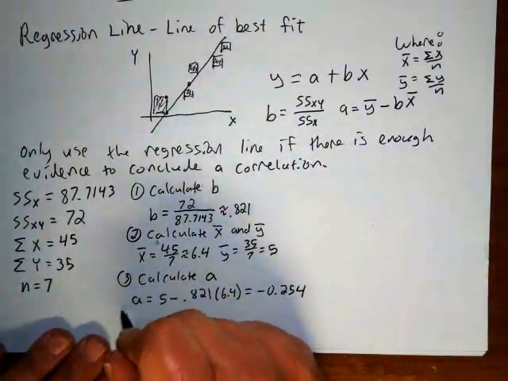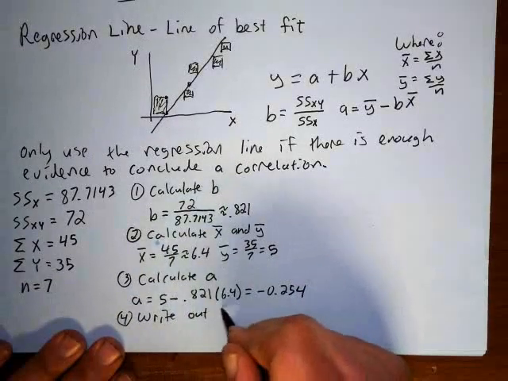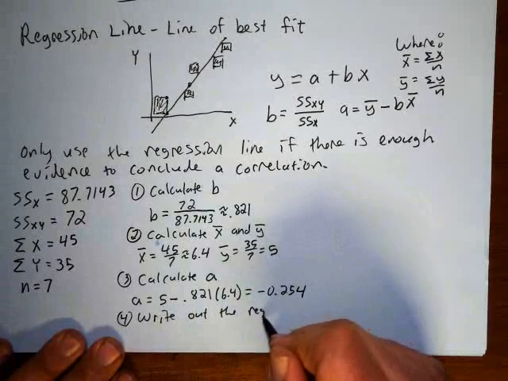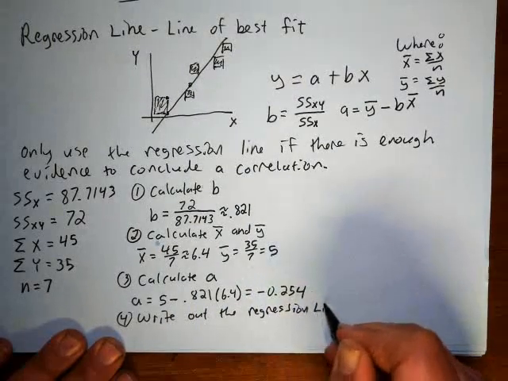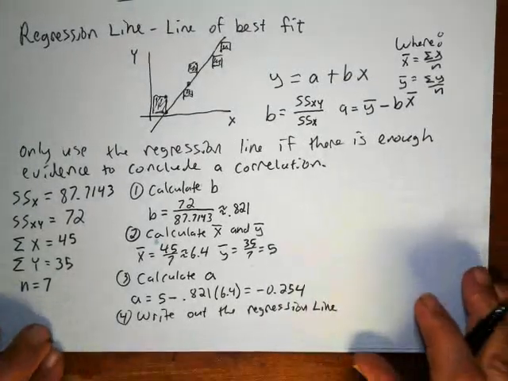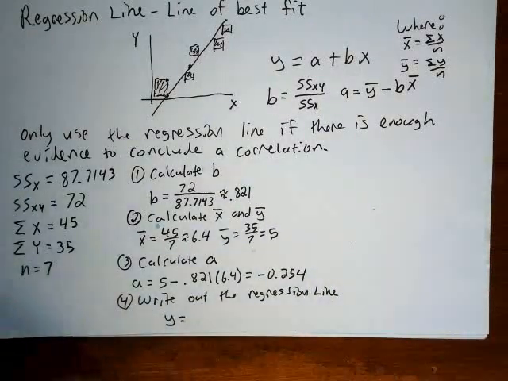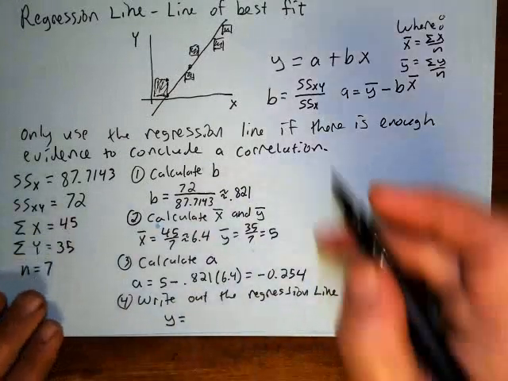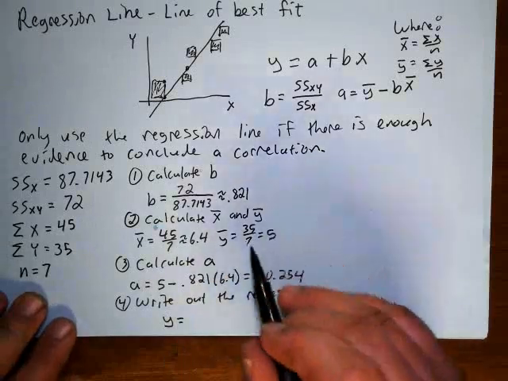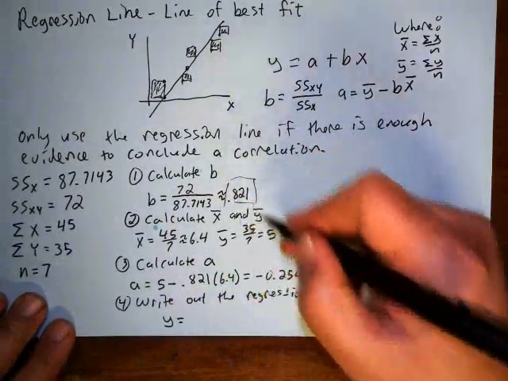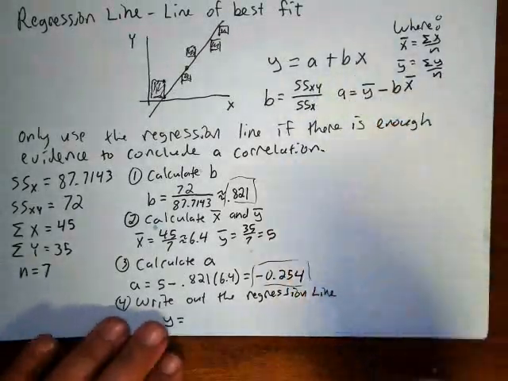So step 4 is to write out the regression line. Remember, what you want is the equation of a line. You want an a plus bx. You don't want numbers necessarily. So you've gotten the B, you've gotten the A, and now you need to put them together to get the regression line.